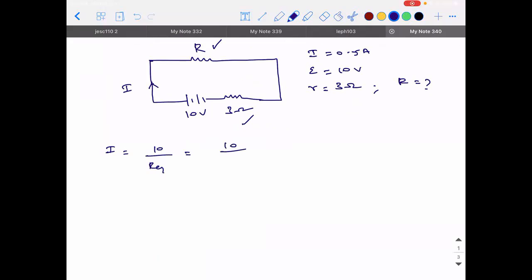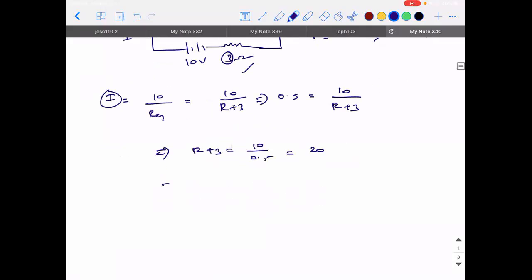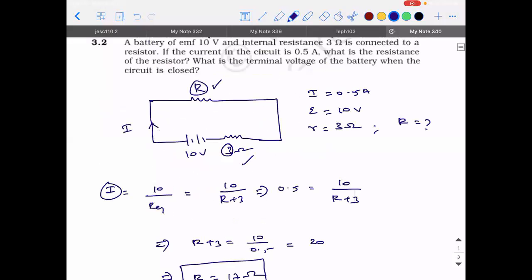So I is 10 divided by R plus 3, and I is 0.5. So 0.5 is equal to 10 divided by R plus 3, which implies R plus 3 is equal to 10 by 0.5, which is going to give you 20. From here, we can conclude R is equal to 17 ohm. So if you connect an external resistor of 17 ohm across this kind of a cell, then the current is going to be 0.5 ampere.